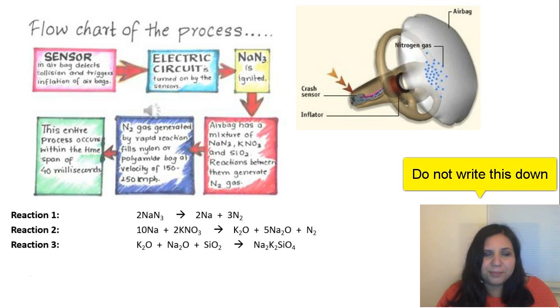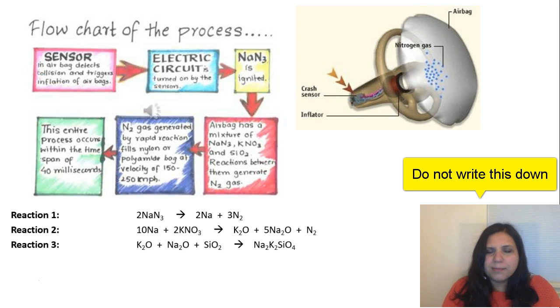Here's another real-life problem. Here is the stoichiometry of an airbag, the airbag that you have in your car that inflates when you get into an accident. One of the reactions that's going on inside of the airbag is the reaction of sodium azide, NaN3. That sodium azide will break up into sodium and nitrogen. Nitrogen is a gas, of course, and that's what inflates the airbag.